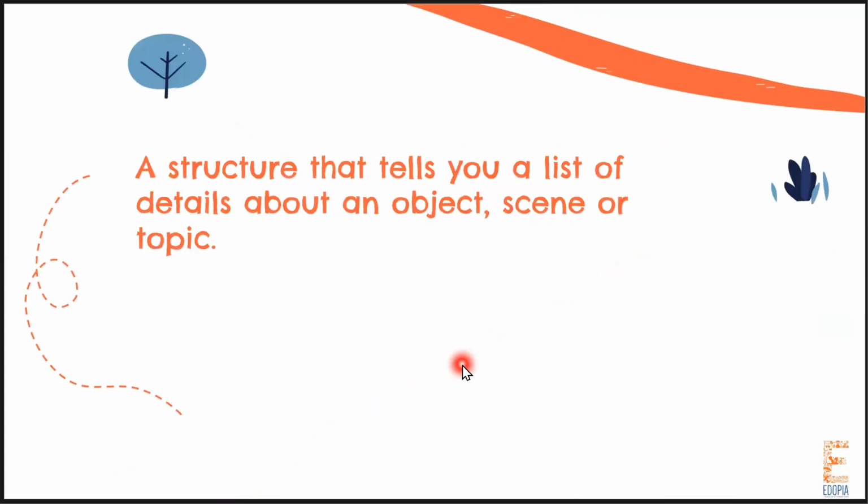Now, a type of text where a writer will provide lots of details about a specific topic. This type of text will explain what something looks like, where it is, or where it lives, its size, what it eats, or other important information about the topic.